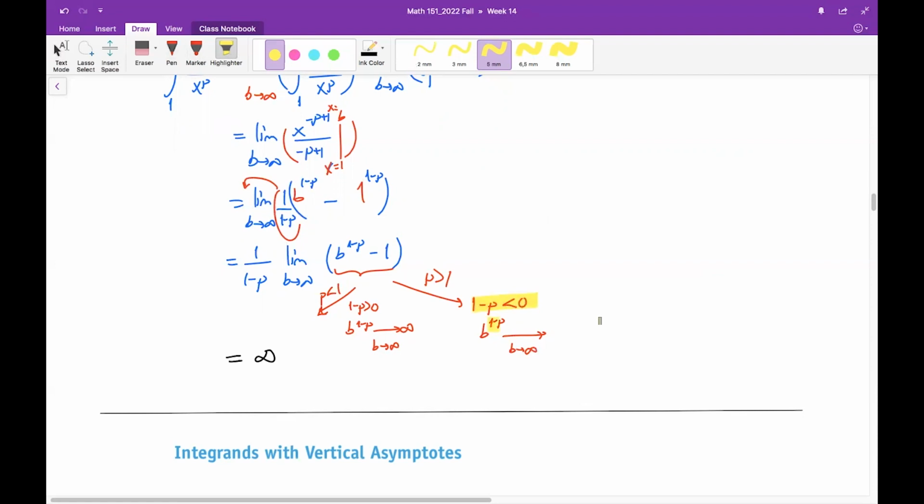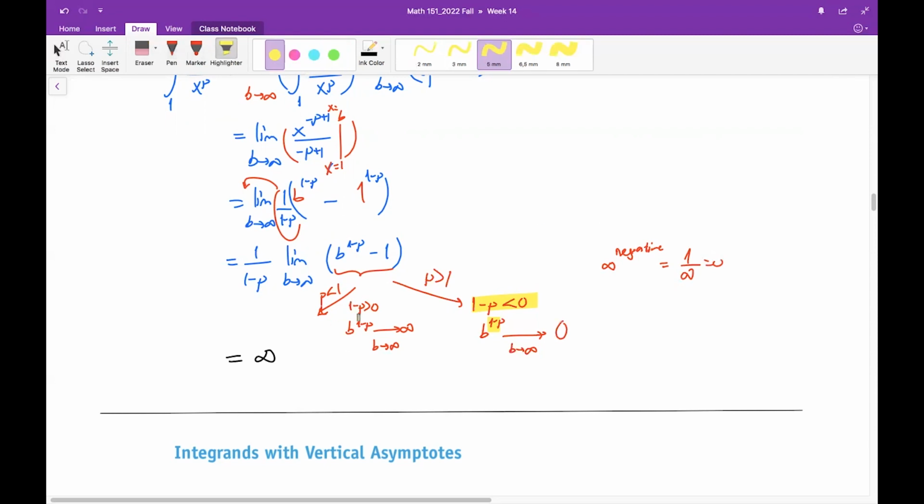You are sending b to infinity, so it is kind of infinity to the negative power, right? So this will be kind of 1 over infinite, so 0. That's why in this case, this limit will be 0, okay?